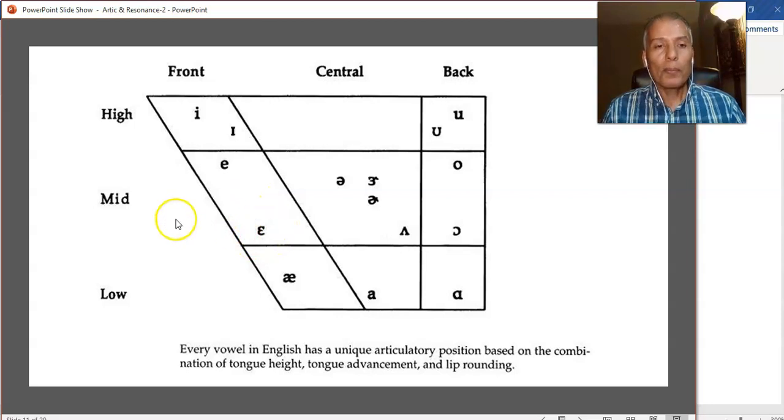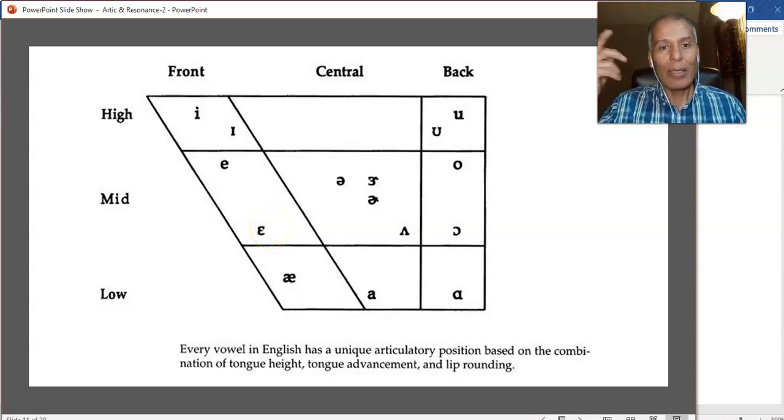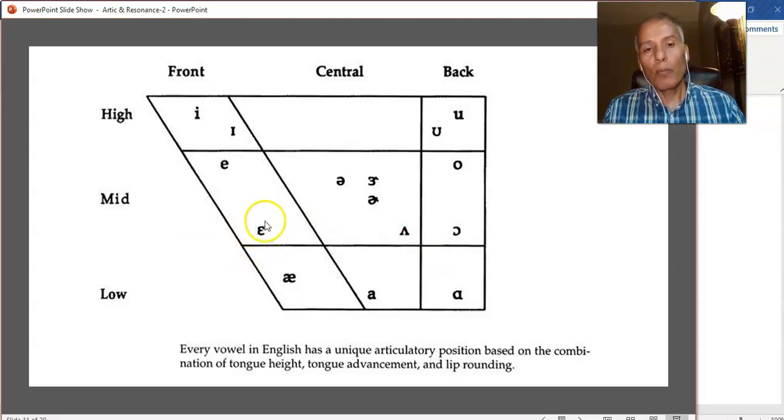This one is as in head, said, bed, read. So that is called the epsilon. So it's mid, front, lax, unrounded. This one, the A, is mid, front, and tense.